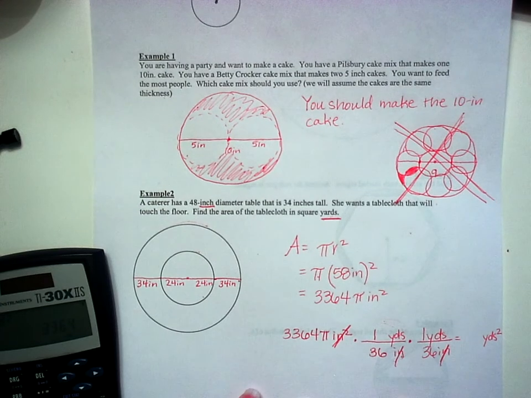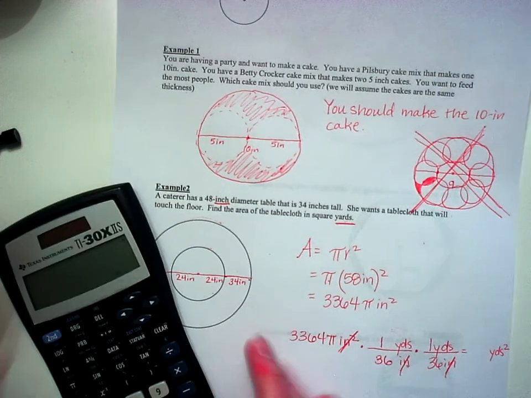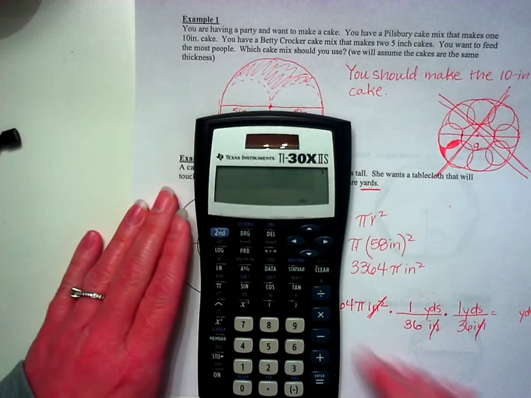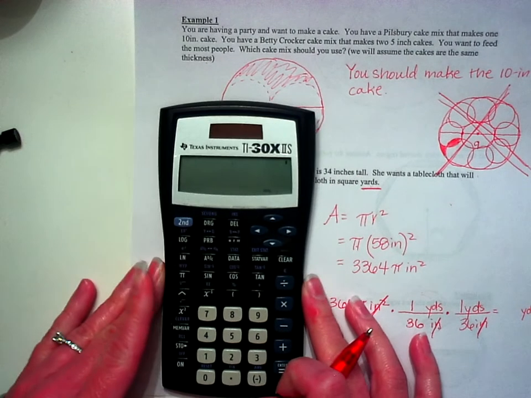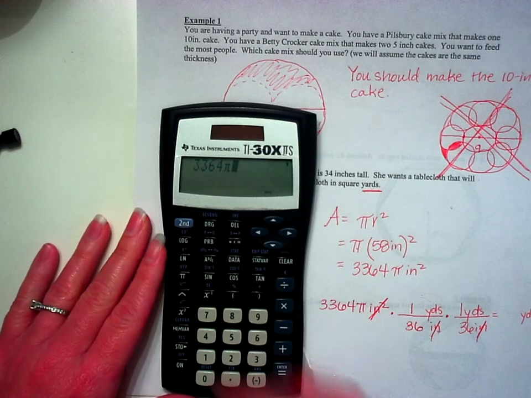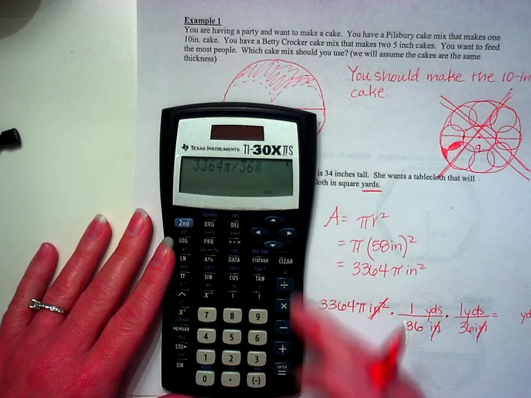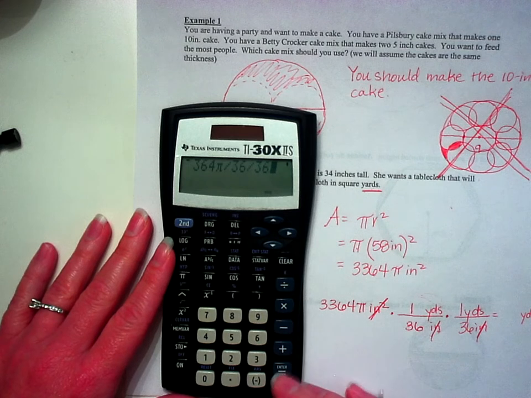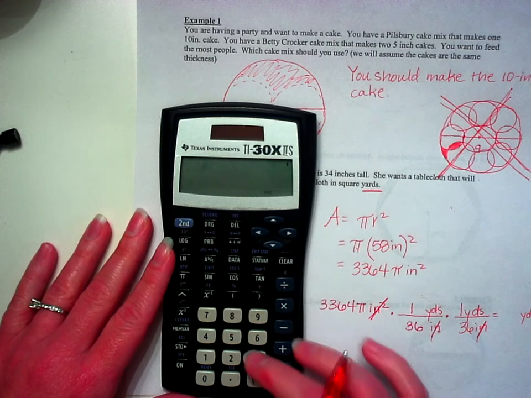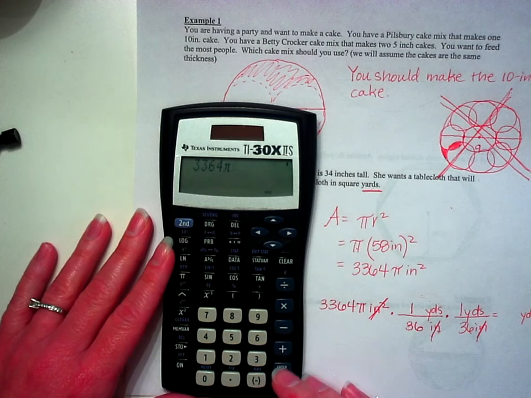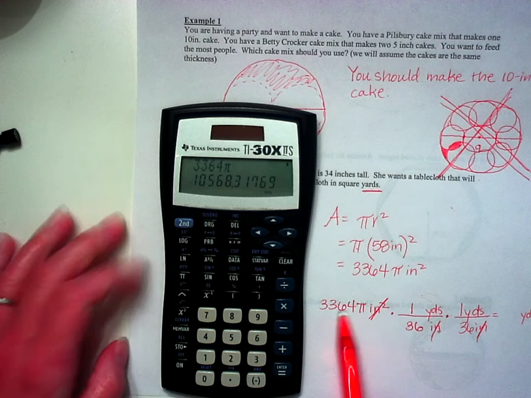Okay, and I have to put these numbers into my calculator, and I'm just going to put them all in at once. So I'm going to go 3,364 pi divided by 36 divided by 36. Or you can go like this. You can hit enter. Okay, there's your number.